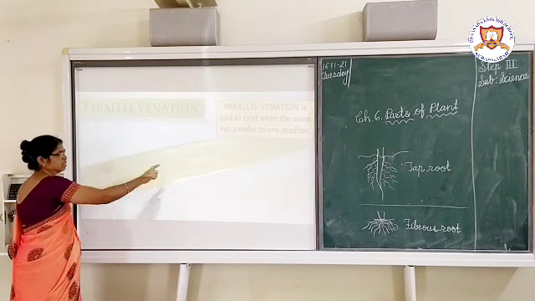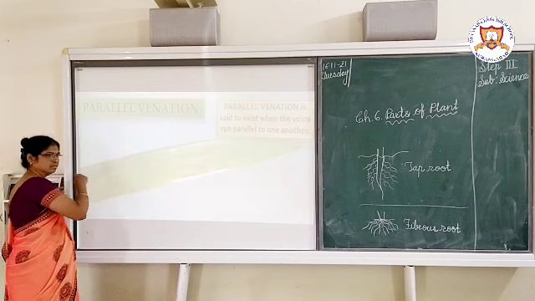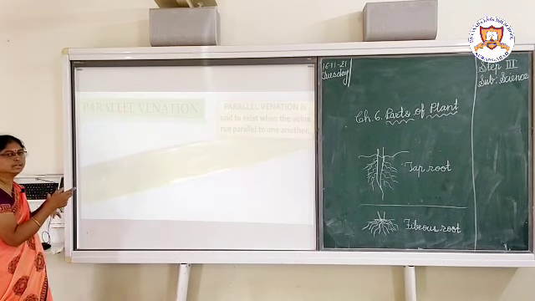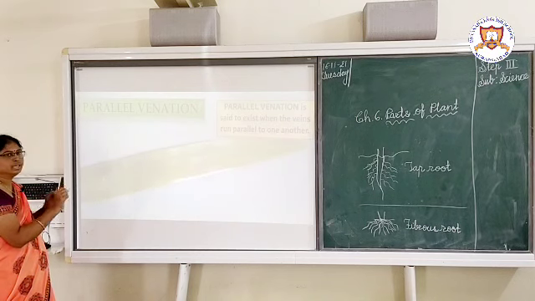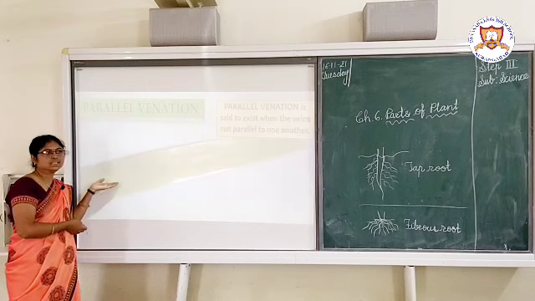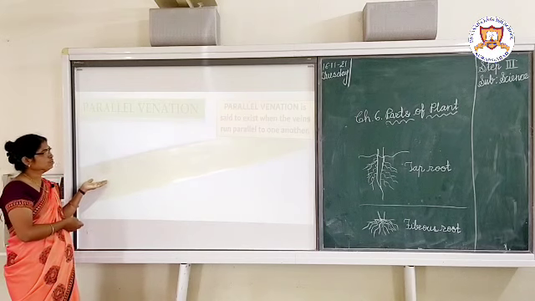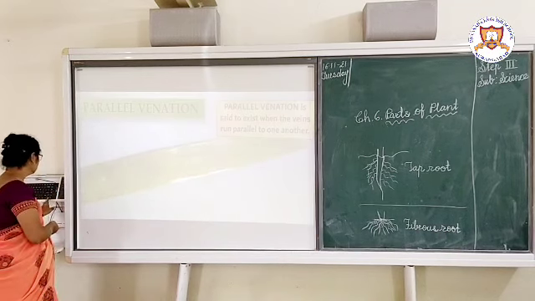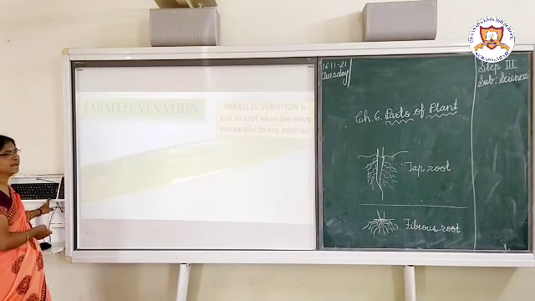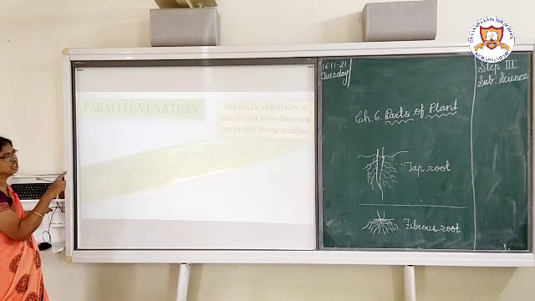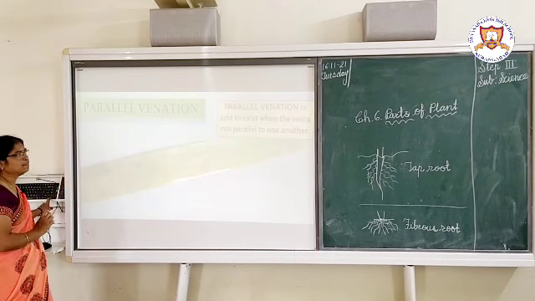Parallel venation means all the veins grow parallel to one another. There is no main vein and no side veins. In which plants can you see this type of leaves? In wheat and grass you can see this parallel venation. Wherever you can see parallel venation, that type of plant has a fibrous root.